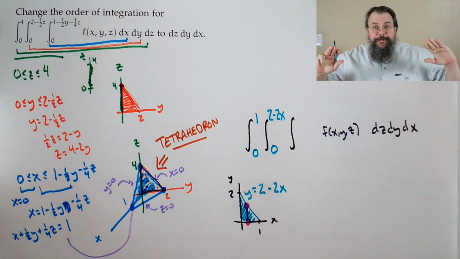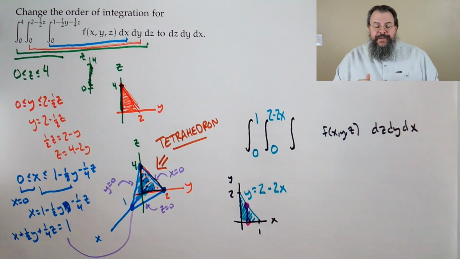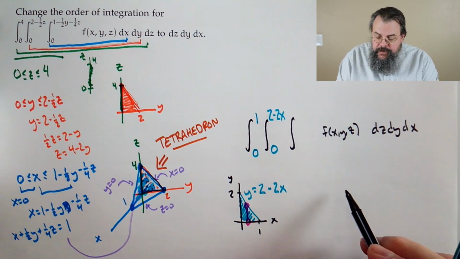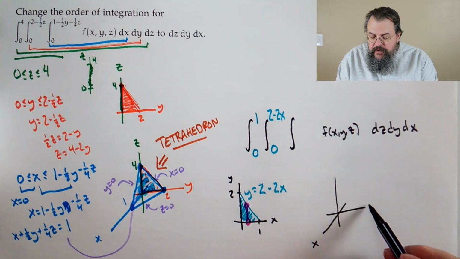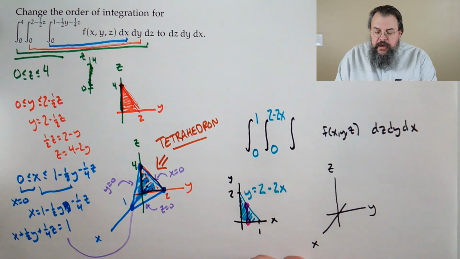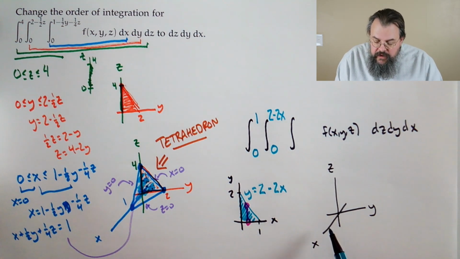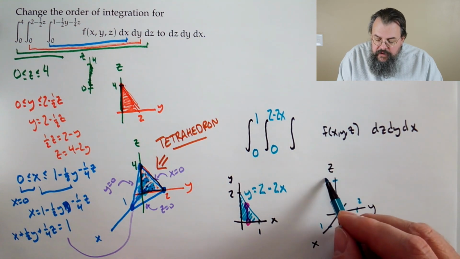All right, we've done the outer, we've done the middle, one more to go. Now let's go back to our 3D picture and think about what we need to do. So we have our x, our y, and our z, and okay, we have our shape. It's our tetrahedron, so we'll mark our points here.